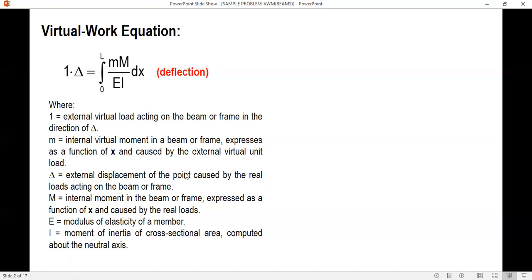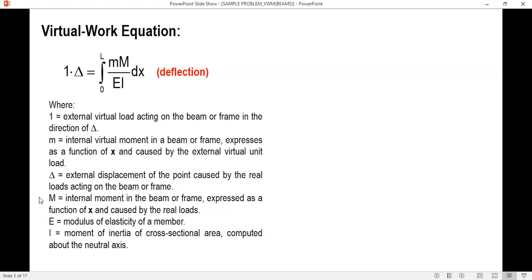Delta is the external displacement of the point caused by the real loads acting on the beam or frame. So if the horizontal displacement is unknown, the virtual load must be horizontal also. If the vertical displacement is to be determined, we apply a vertical unit load.